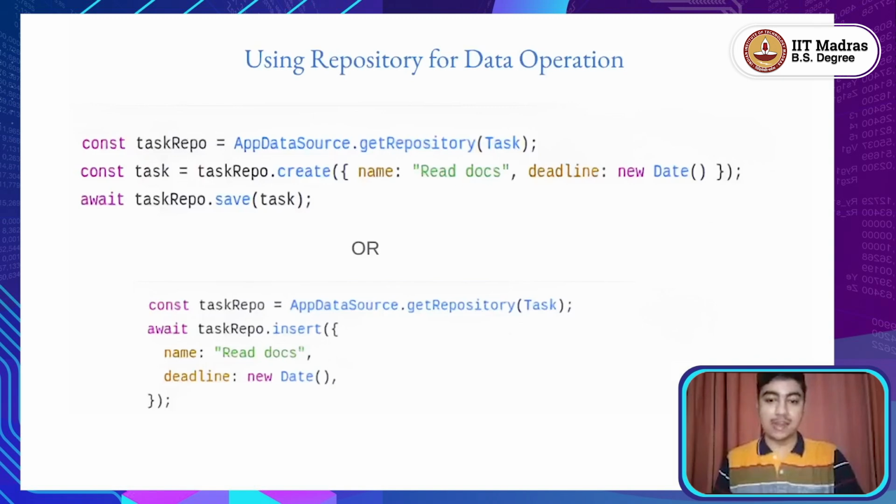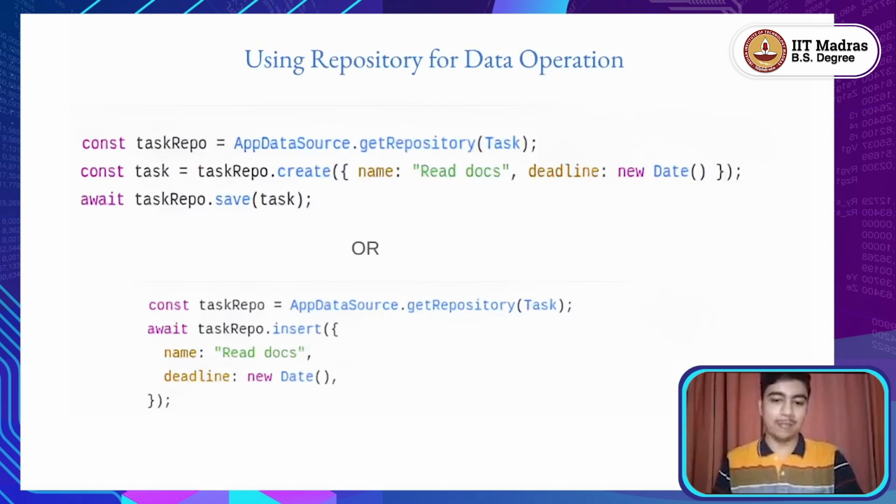This slide also shows how one can perform an insert operation in the database using TypeORM. The same insert operation can be done in multiple ways using TypeORM's repository methods, and a couple of those methods are shown here.